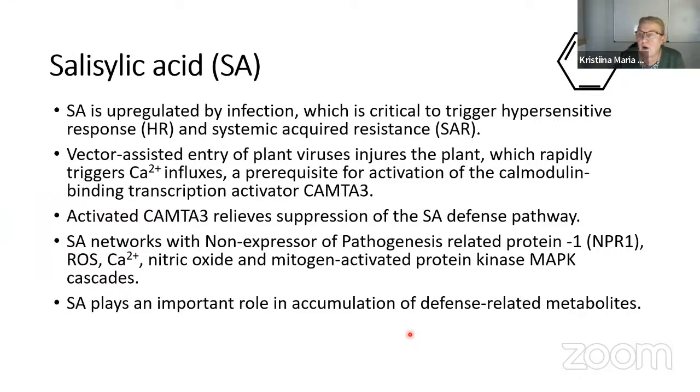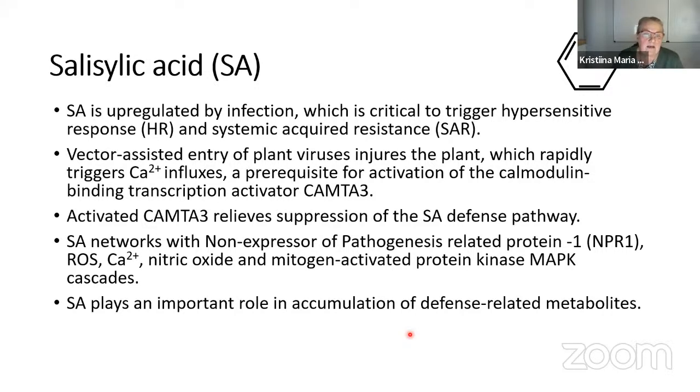One of the main molecules in the immune reactions is salicylic acid, which is upregulated immediately after pathogen infection in several ways.